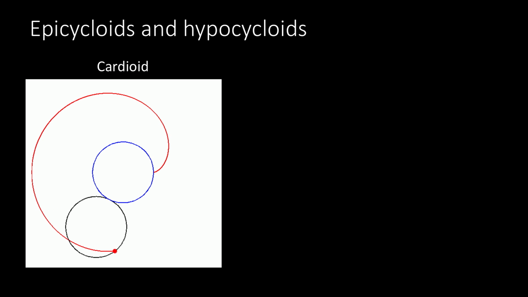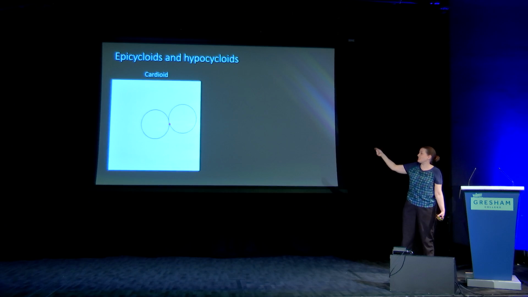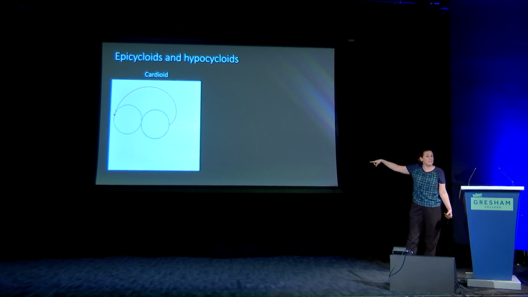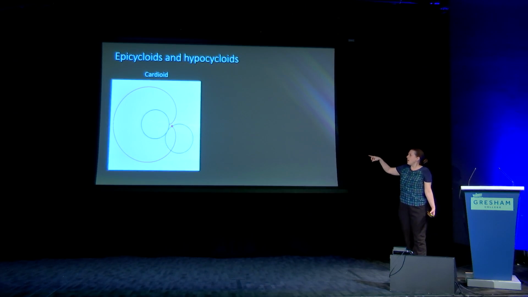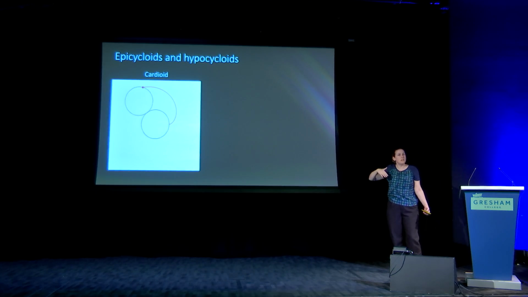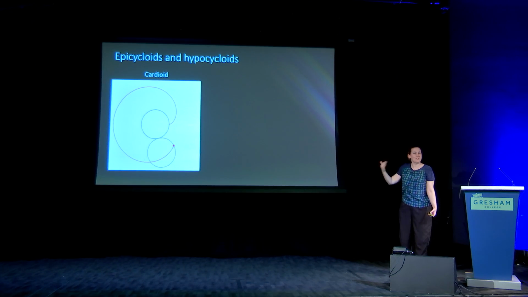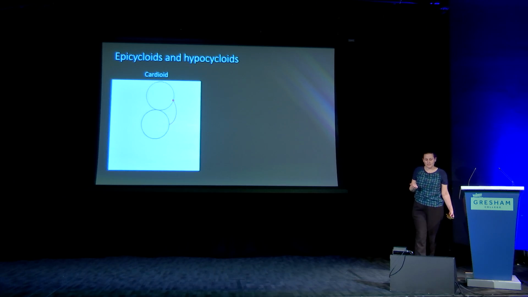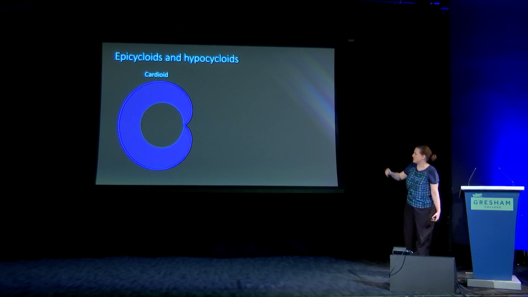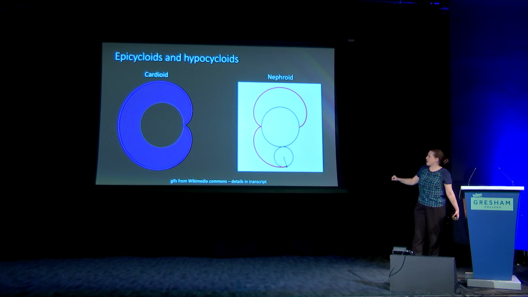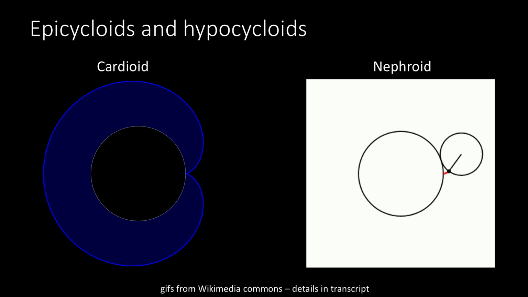So you've got some decisions to make then. Do I roll my circle along a circle of the same size? If you do that, you get this thing, cardioid. Or shall I make the thing I'm rolling it along bigger? And if you take whole number multiples of the radius, you get some quite good things. So there's your cardioid. Perhaps you could roll your circle along one that has twice the radius.